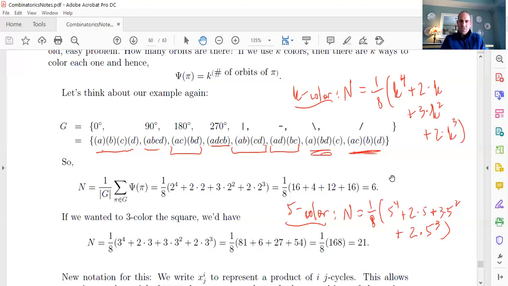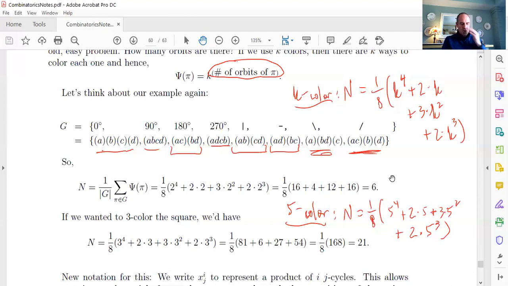So it seems like all I have to do is know the number of cycles, and I can straight up figure out how many colorings are going to be fixed by a given permutation. That's all we need to know. We're going to be able to pull this off.